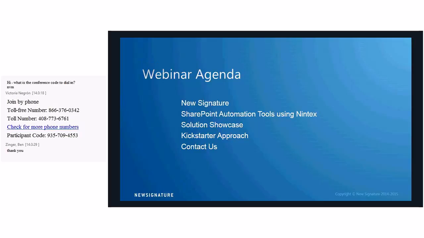We'll also have one of our other experts tell you about what we have done helping customers use this powerful platform to drive their business initiatives. Lastly, we'll tell you about a Kickstarter approach we have to help you get started, and we'll have some contact information and an opportunity to ask us some questions.